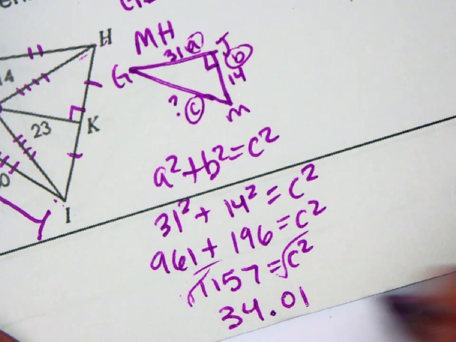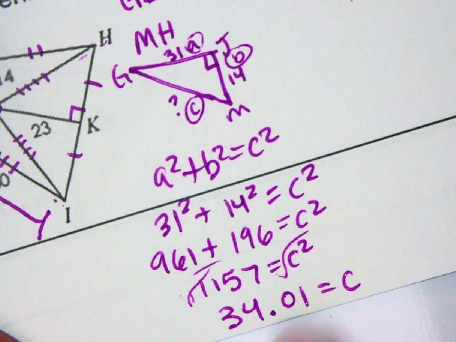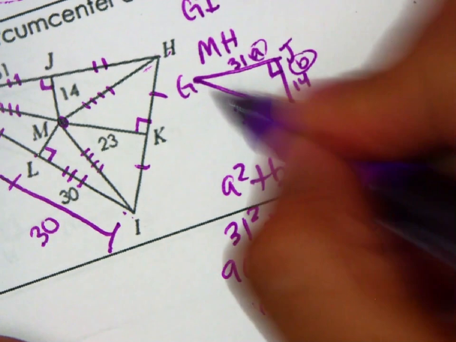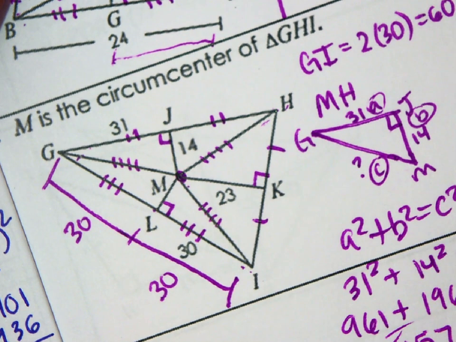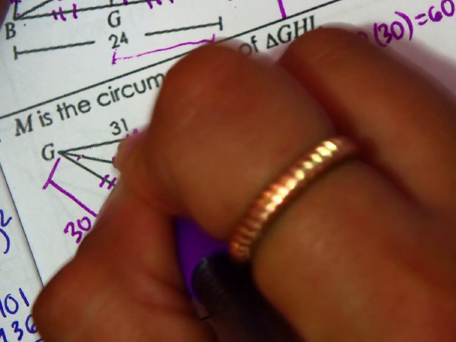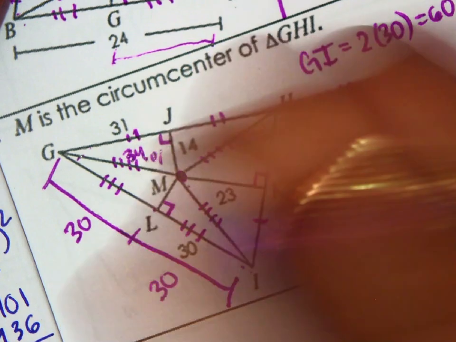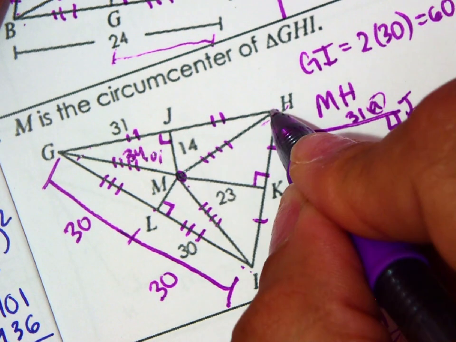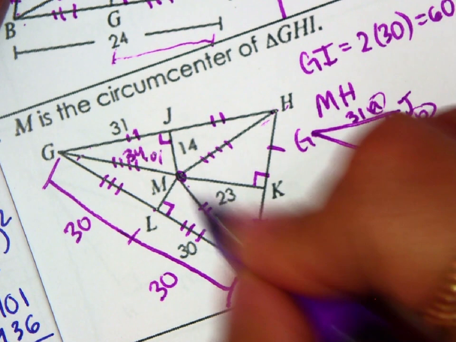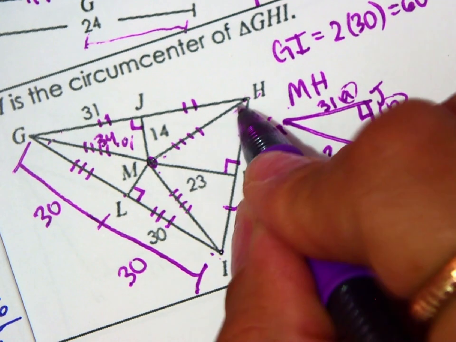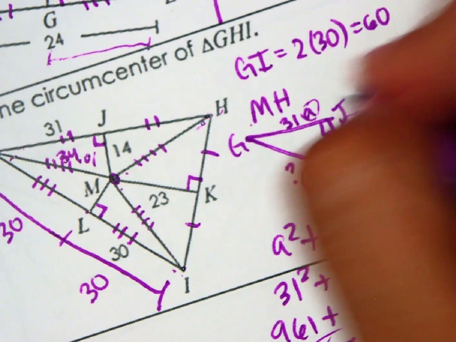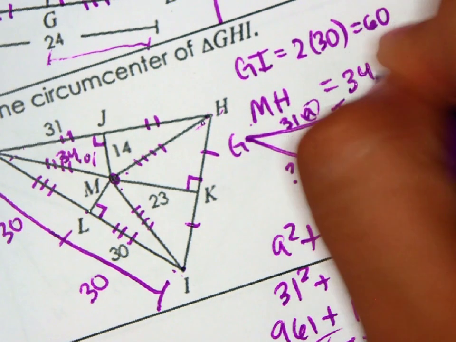We could round it or leave it like that. That right there is this distance, which means this part is 34.01, this is also 34.01, and this is also 34.01. We're looking for MH. MH is right there. So we're just going to say it equals 34.01.